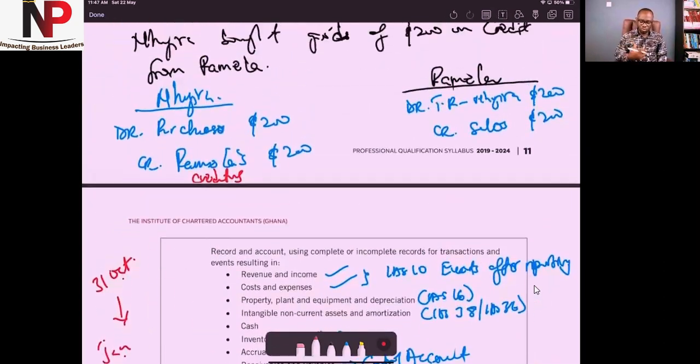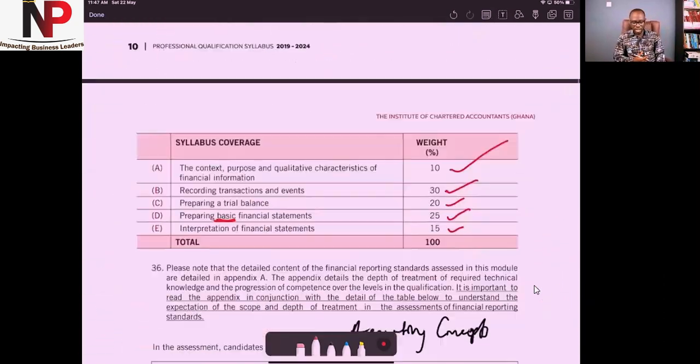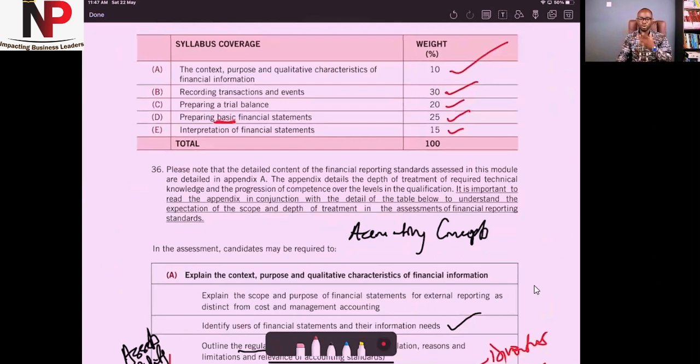So this is what we need to understand when it comes to financial reporting and how the syllabus is structured. We're going to be having 5 compulsory questions. I mean, no choice, no pick and choose. You're really going to have to understand everything. You have to be in a position to attempt all the questions as much as possible.